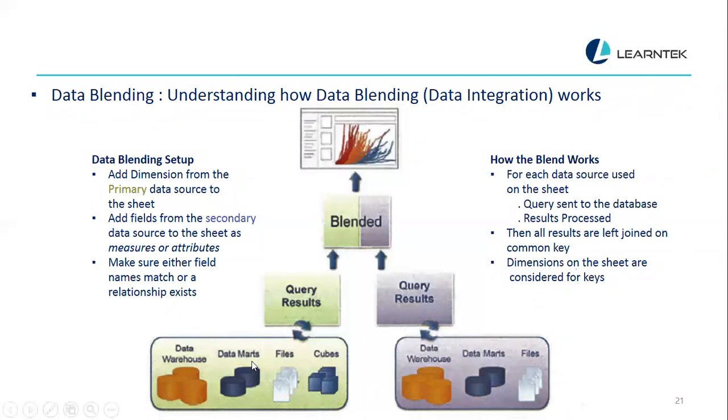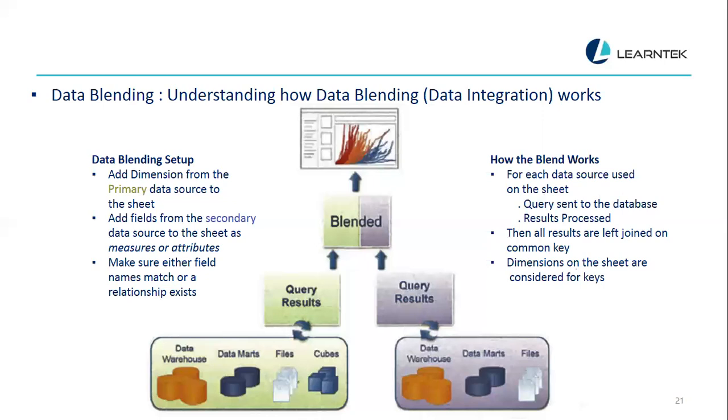You have to add one of the common dimensions from this data source to the view. That will act as the primary data source, because by adding a common dimension from any data source in the first place, the field is coming from that data source.